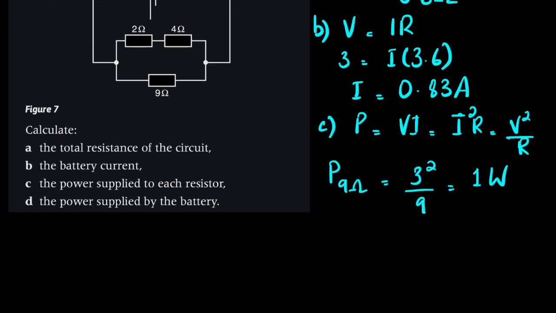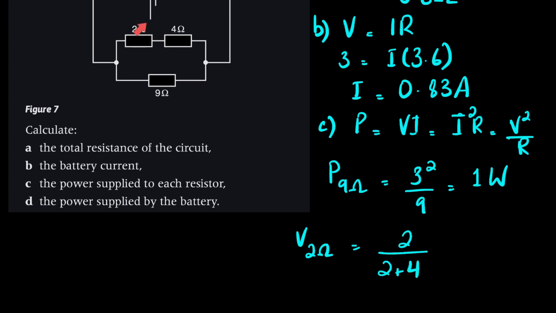But for the other two resistors, the ones which have 2 ohm and 4 ohm resistances, I would need the current in some sense, or you can also use potential division. If 3 volts appears across both of these, then if we calculate the voltage across the 2 ohm resistor, that would be the 2 upon the 2 plus the 4.